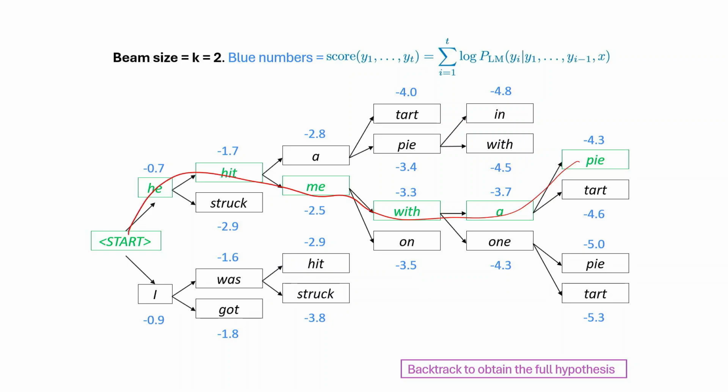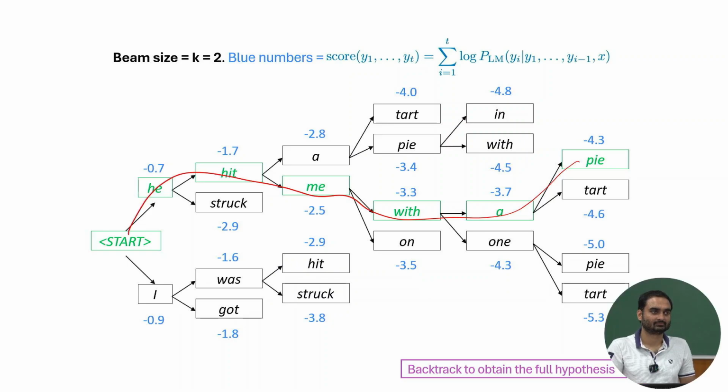The problem here is that longer hypotheses will be penalized, and shorter hypotheses will be given more advantage. Why? If it's a longer hypothesis, you keep adding multiple negative numbers, or basically you are multiplying so many probabilities, which leads to a lower probability value.